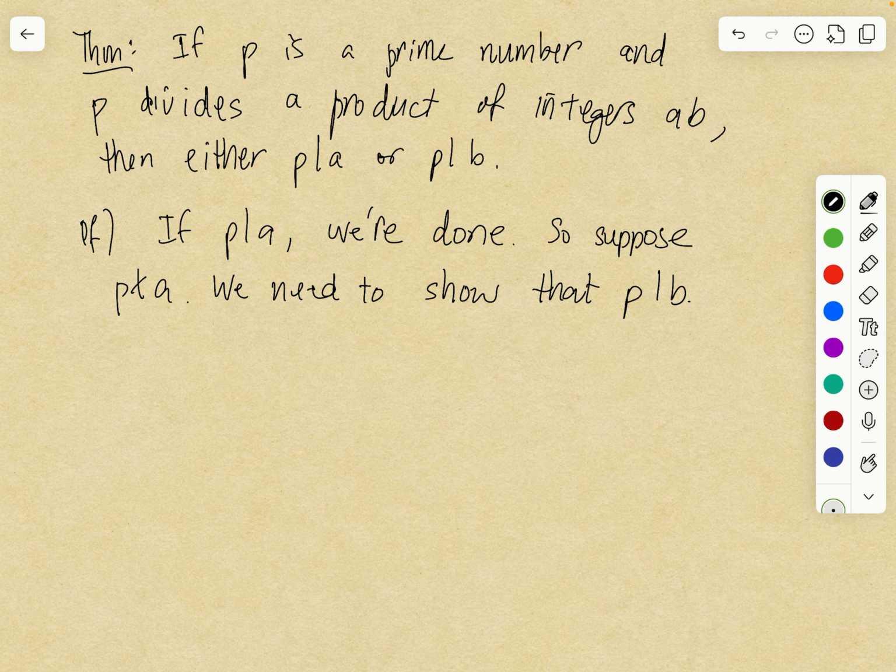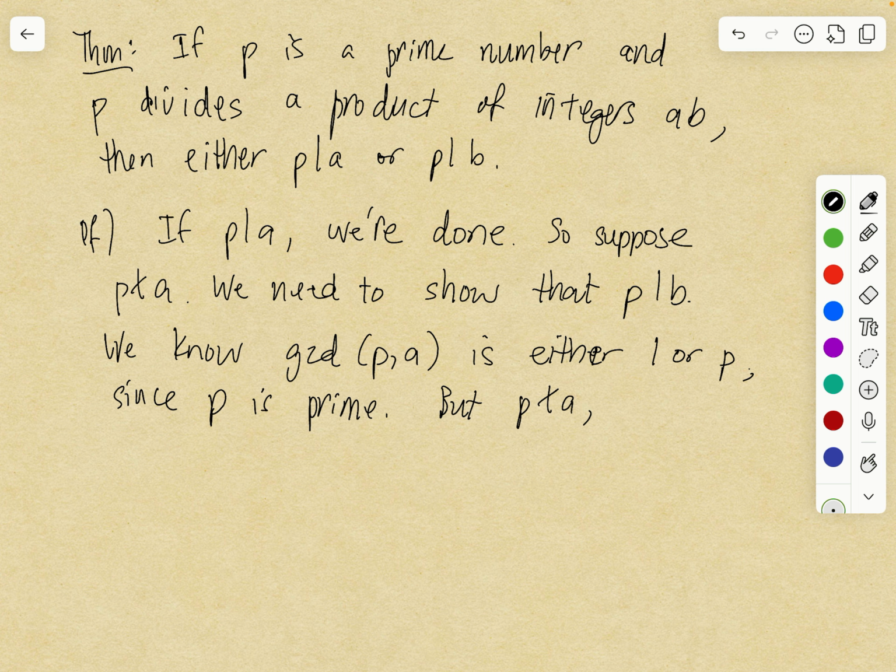We know that a prime number only has divisors 1 and p. So the GCD of p and a is either 1 or p, because p is prime. But we know that p does not divide a, so p is not a common divisor of p and a.